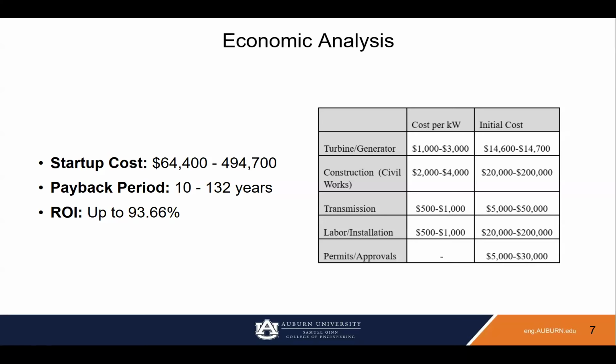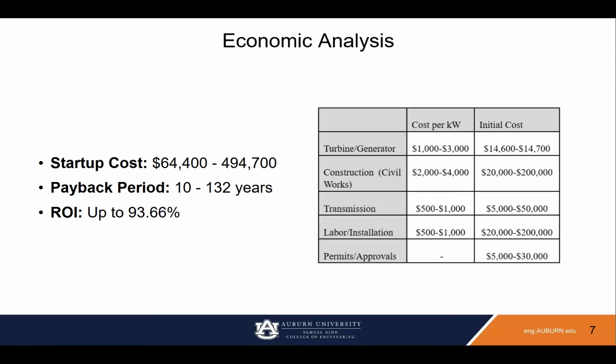So that's pretty good, especially if you're considering a 20-year project lifetime. But on the high end, if your startup costs are closer to that $500,000 number, then your net annual savings would only be around $3,500, and your payback period is then about 132 years, which is obviously much less optimal.